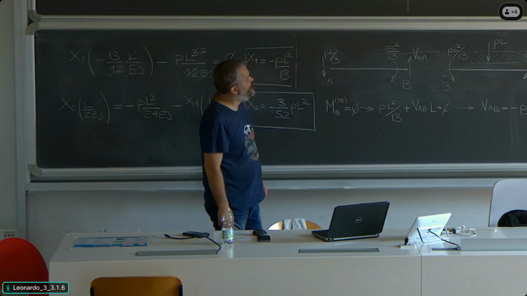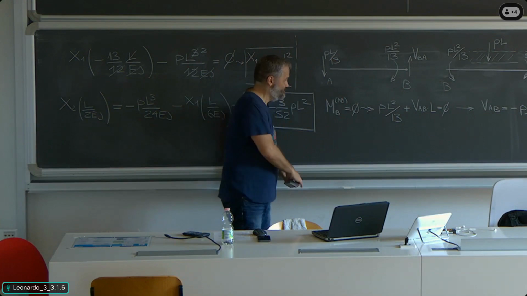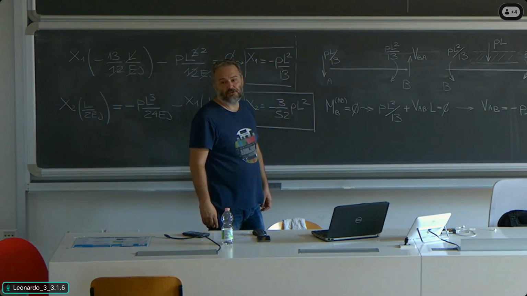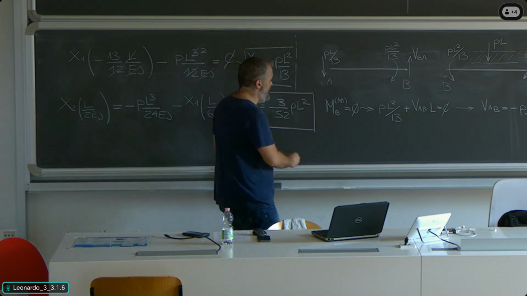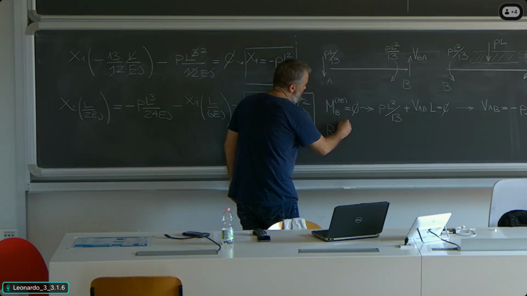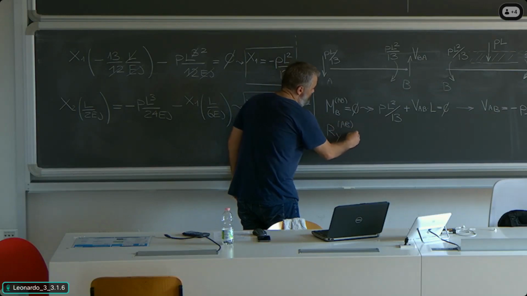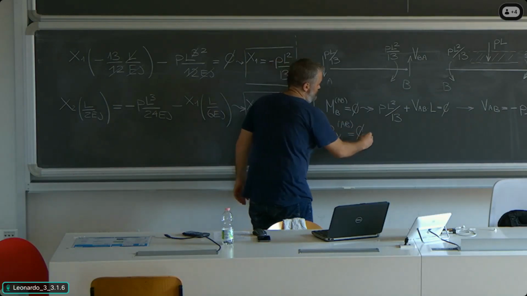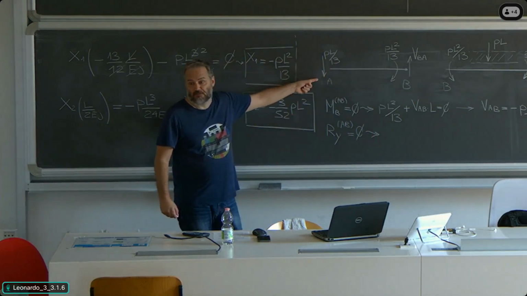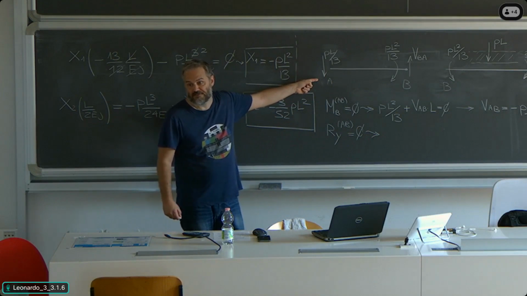To save some time, let's go with VBA. What equation is useful to work out VBA? I would say the resultant force in the vertical direction of span AB equal 0. You have this force pointing downwards, which is PL divided by 13. I'm not calling it VAB anymore.